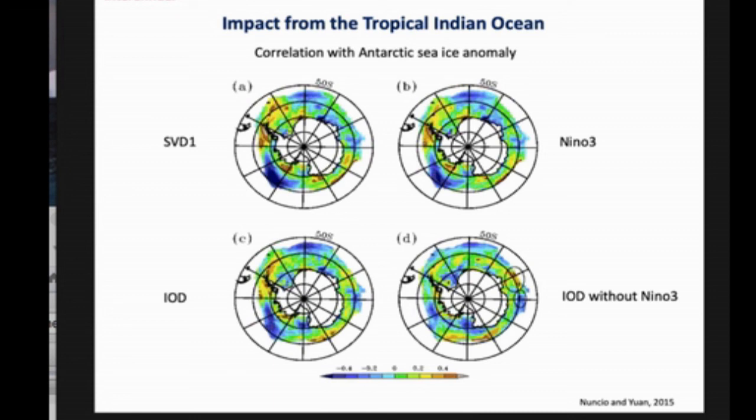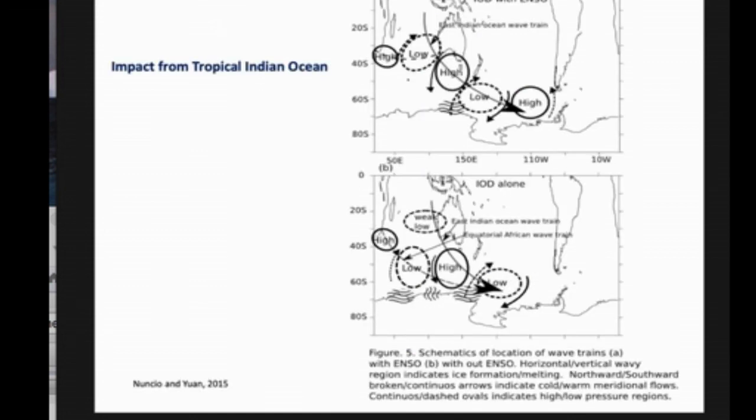So if it's reflected into the CS field, it's the same 4 things: the correlation, the first SVD1, Nino 3 and IOD index. So we have generally the same CS response, all dominated by the ENSO influence. However, if we remove ENSO, the anomaly in the Western Hemisphere weakened, and in the Eastern Hemisphere, in the Indian Ocean, they're standing out. And this schematic shows how the wave train goes. Actually, we should draw another from the Pacific.